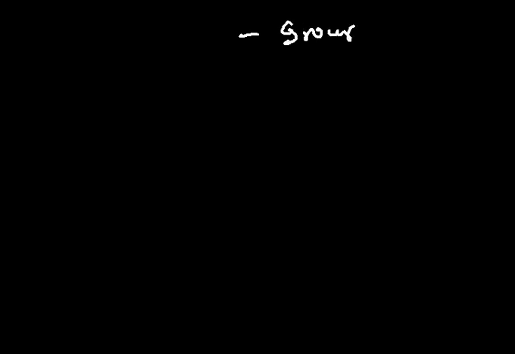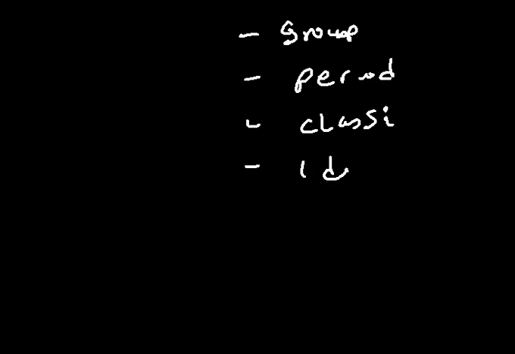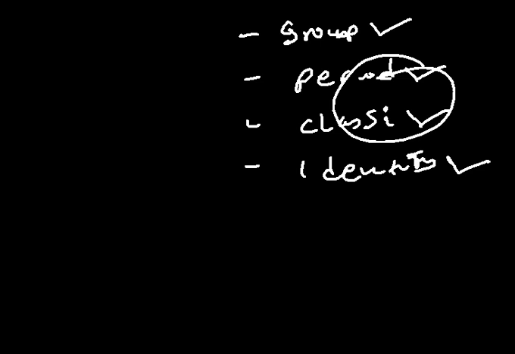You can get the period, the classification of that particular element, and we can also identify that particular element. So here's the question for you: how can you use the configuration in spdf notation to group the element, to find the period of the element, to classify the element, and also to identify the element? I want to see your responses in the comment section below.